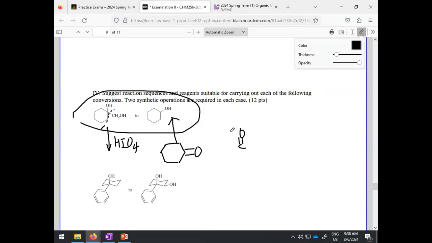So hydrogen is good, hydrogenation. Or in a laboratory setting, we often prefer sodium borohydride, because hydrogen is kind of dangerous. If you mishandle it, it's easy to cause an explosion. If you're very careful and follow the safety protocol, nothing will happen.